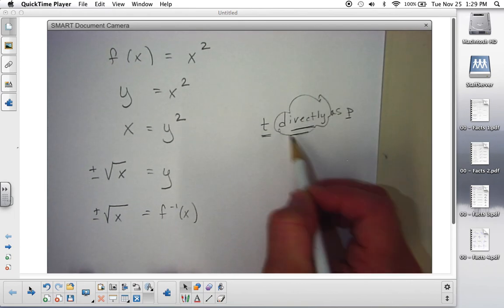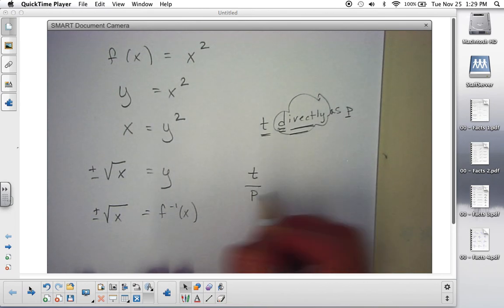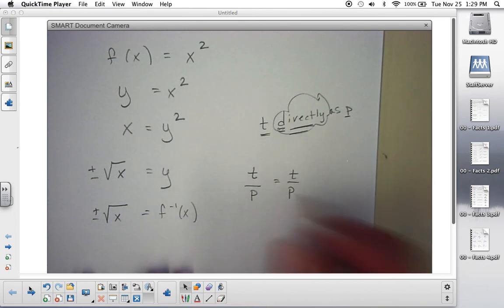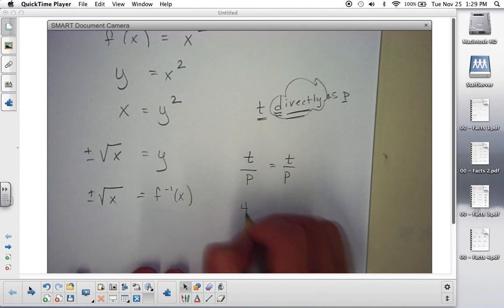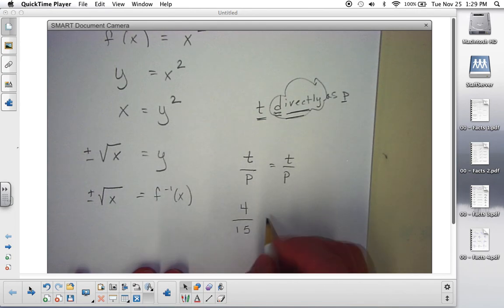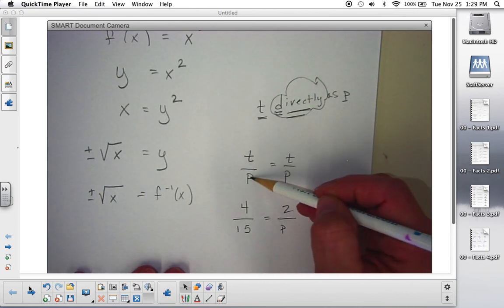Direct means divide. We said direct divide. So I'm going to write T over P equals T over P. And then if it says something like, when T is 4 and P is 15, find P when T is 2, you would just cross multiply. You would just fill in T and P on one side, T and P on the other.